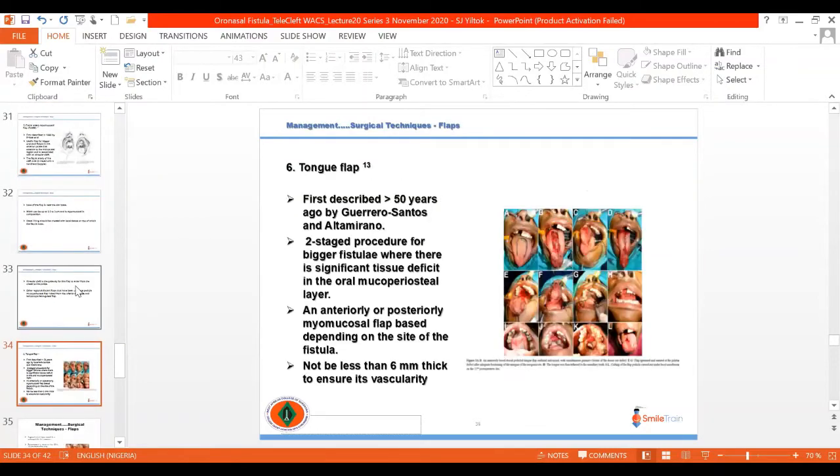Then the sixth procedure that can be used is the tongue flap. This was first described more than 50 years ago. It's a 2-stage procedure. Even children have been found to be tolerant of this kind of procedure.